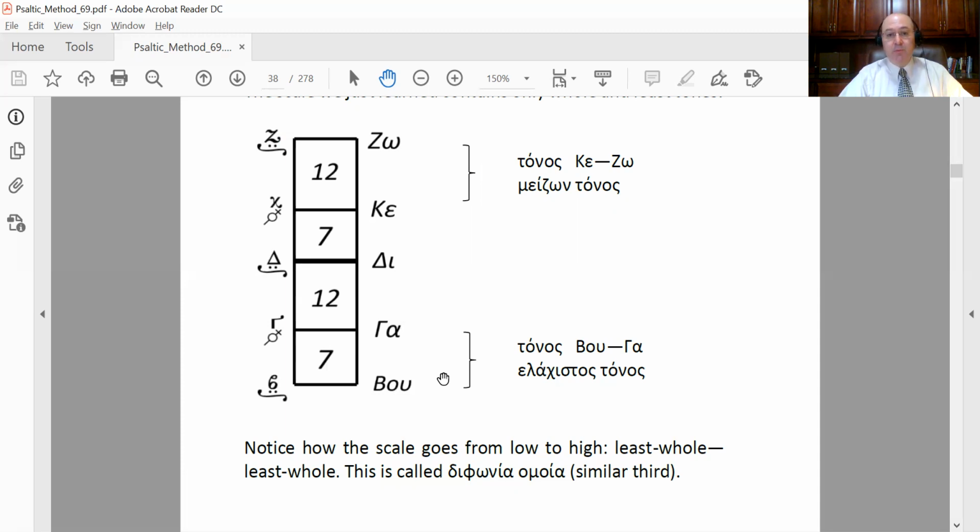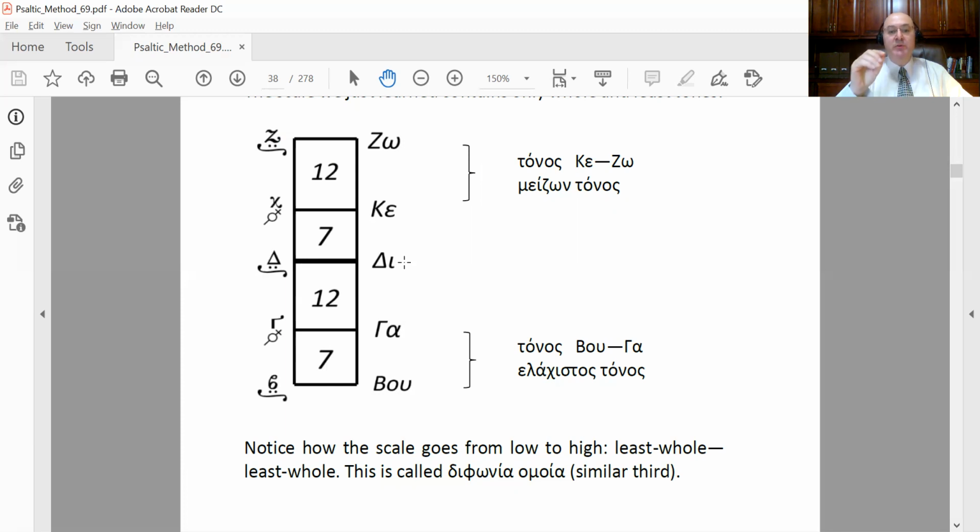Let me make that a little clearer. As you can see, vou, ga, di are 3 notes that enclose 2 intervals. In English, we go by the number of notes and we say third because it's 3 notes. In Greek, we go by the number of tones enclosed by those names of the notes, and we say diphonia. Same thing, just different terminology.